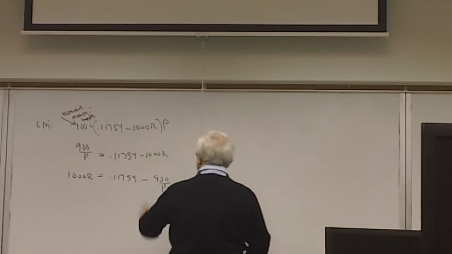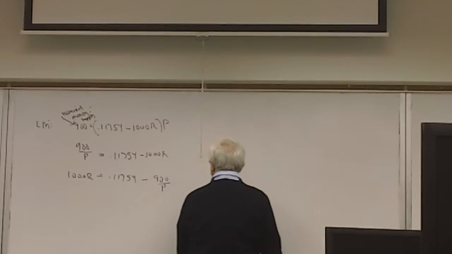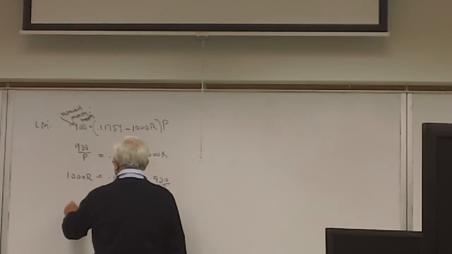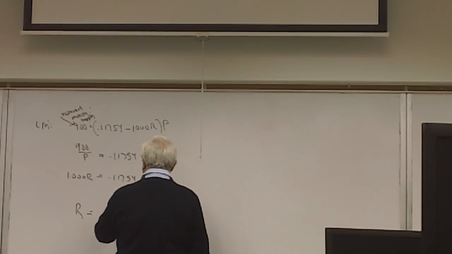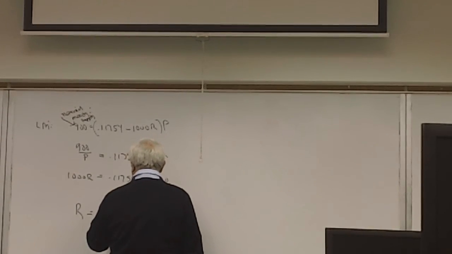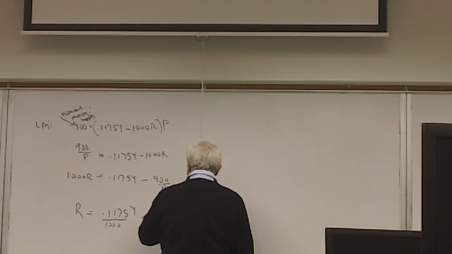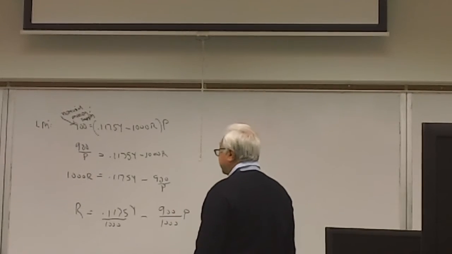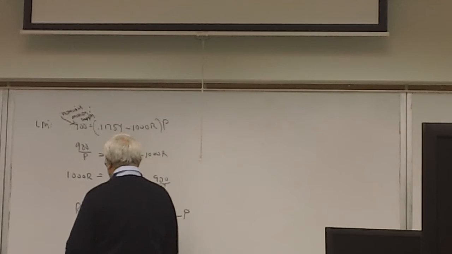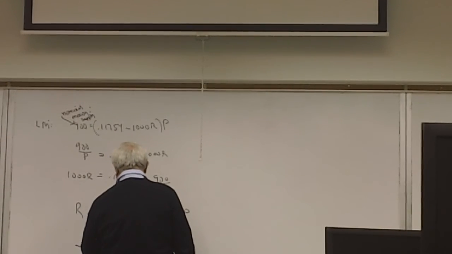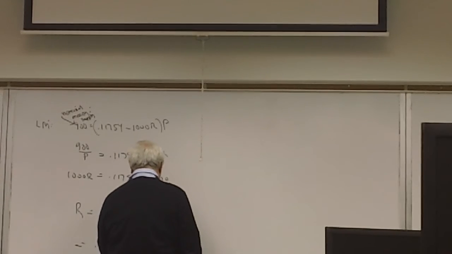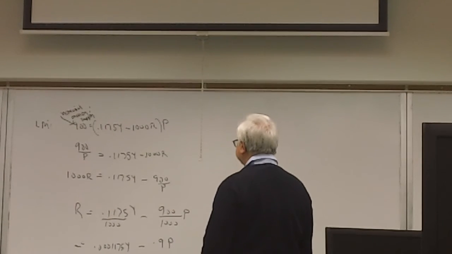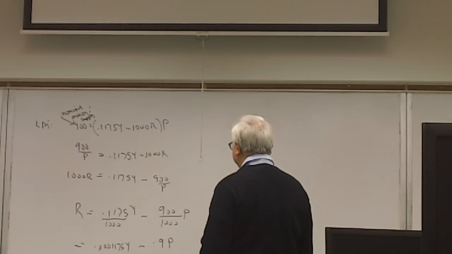Now we'll divide by R. We'll go down. P. Now this becomes what it became before: 0.0001175y minus 0.9 times P. Right, P is the denominator.